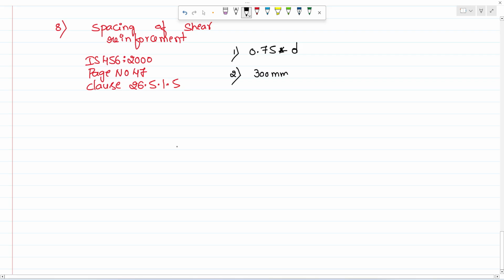So 300 mm. Next, third one will be calculated spacing.